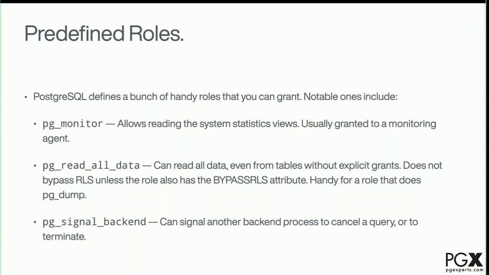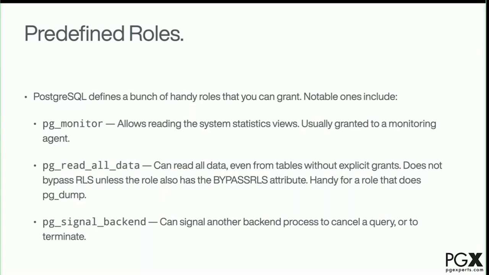There's also a pg_read_all_data role, which, if granted to a role, means you can select from anything, even if you haven't been explicitly granted permission to it. The only catch there is it doesn't bypass row level security unless you give that role bypass row level security. So the row level security feature will still be applied to it.